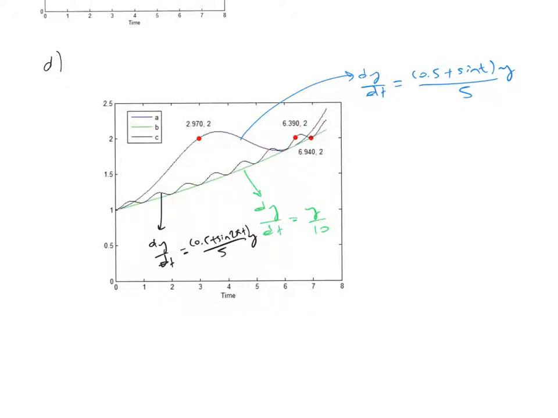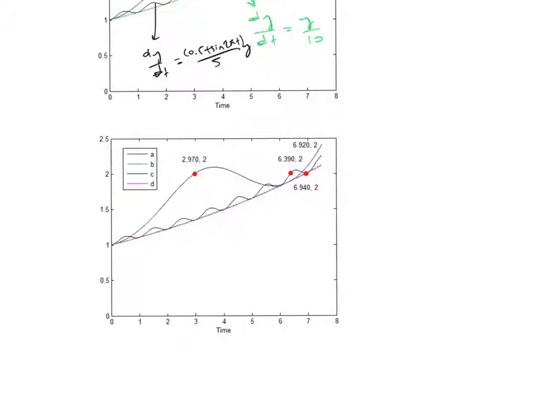And the same situation is valid for the black colored function. As you see, the growth rate here is replaced by its average value here. But different from the other case, the black colored function seems to converge to the green colored function. Let's go one step further and choose sin 20 pi t this time.